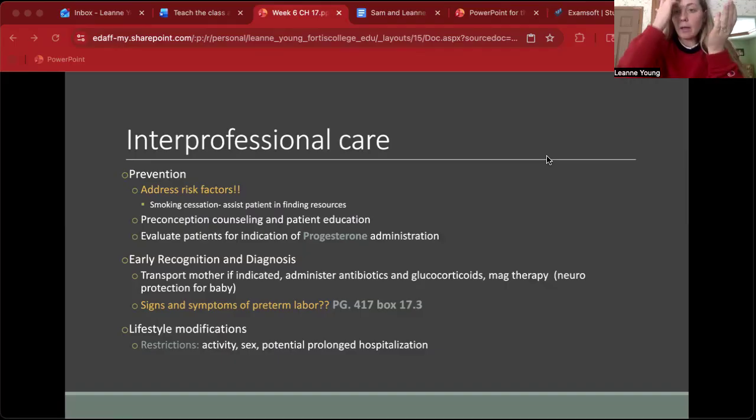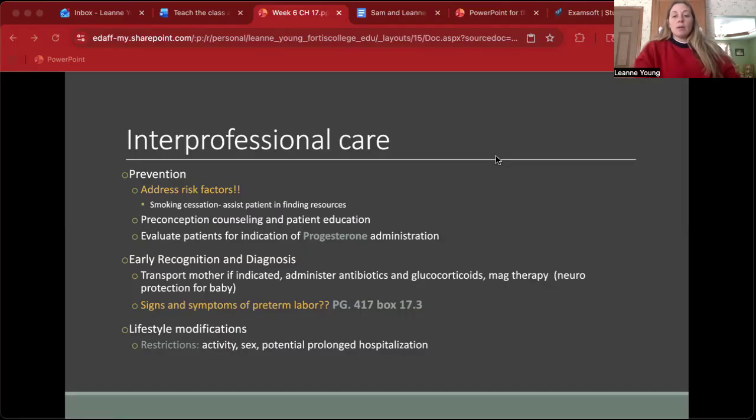That should be an indicator to you, like, okay, we probably should do a swab and figure out what this is. Okay. If she has an increase in the amount of vaginal discharge, if she's having pelvic or lower abdominal pressure, a constant low, dull backache, mild abdominal cramps with or without diarrhea, contractions, or if her water breaks. Those are all signs and symptoms of preterm labor.